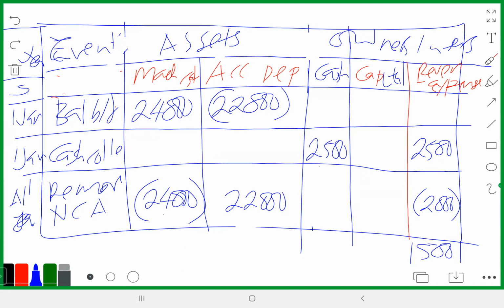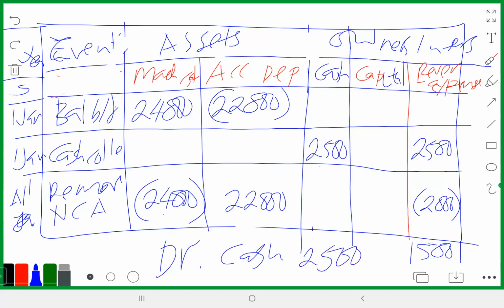So now, what is the effect of the disposal of this asset, especially on the income statement? You're going to debit the cash account with how much? 2,500, isn't it?